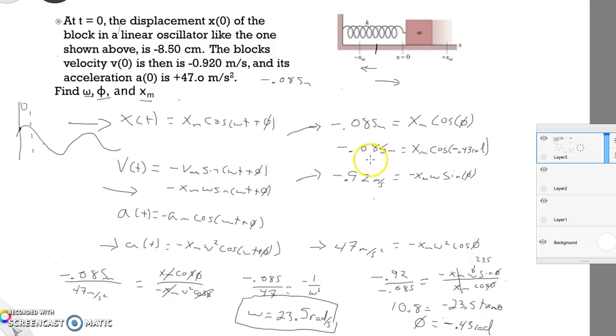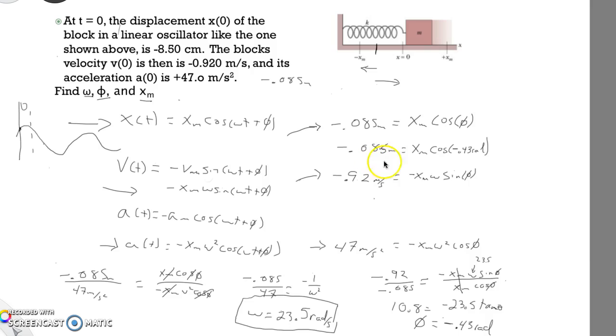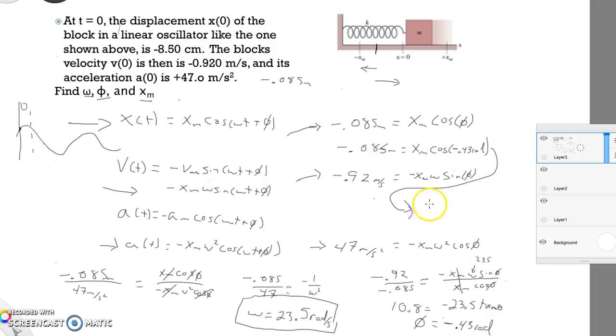Okay, and so we'll just divide negative 0.085 by the cosine of negative 0.43. In doing this, we get that the amplitude x sub m is equal to about 0.094 meters, or about 9.4 centimeters.